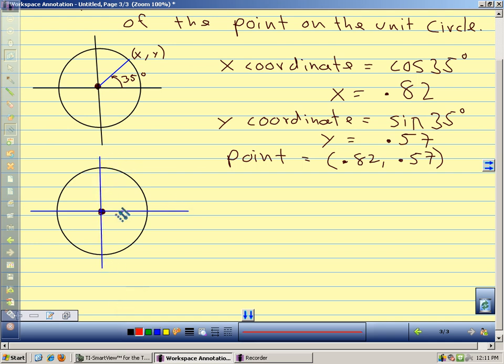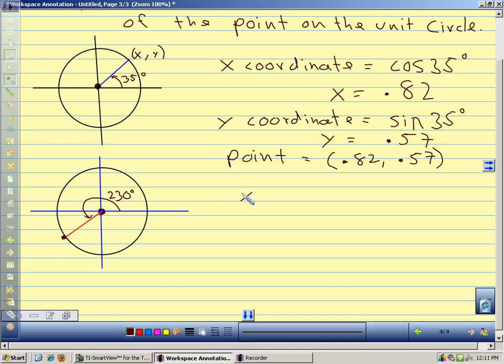And we'll draw in a radius down here this time. So here's our point. And this time our angle, we're going from here, counterclockwise. Our angle of rotation is 230 degrees. And we want the x and the y coordinates.